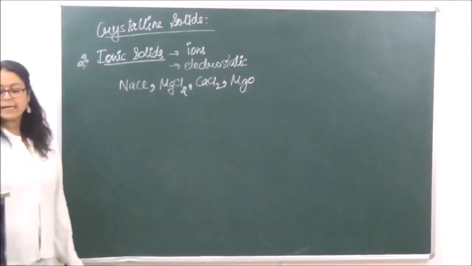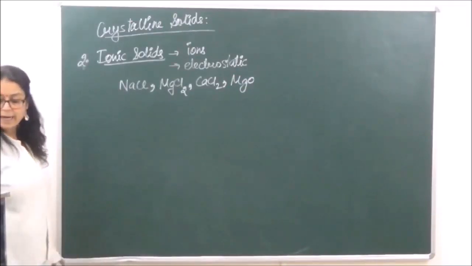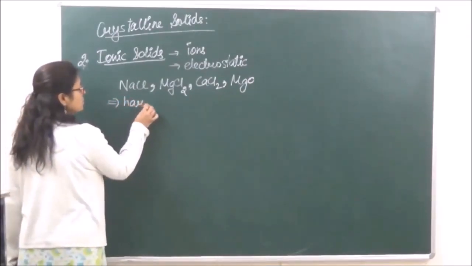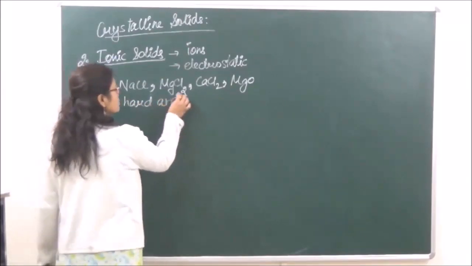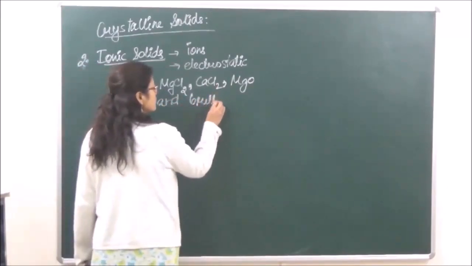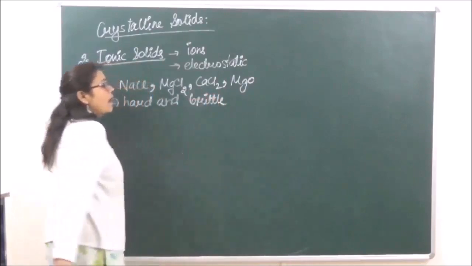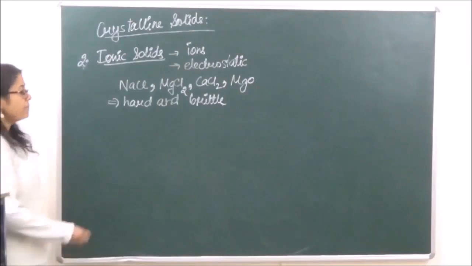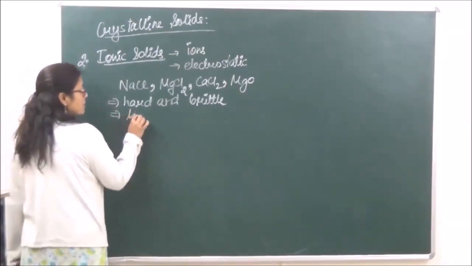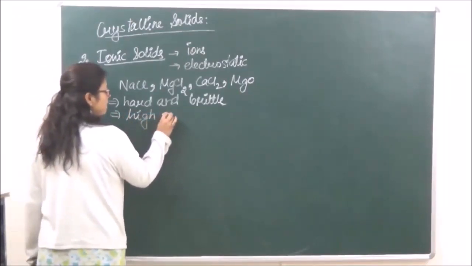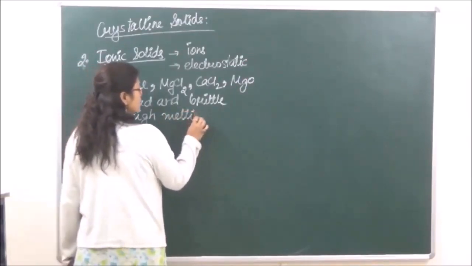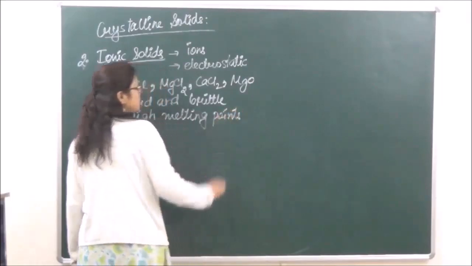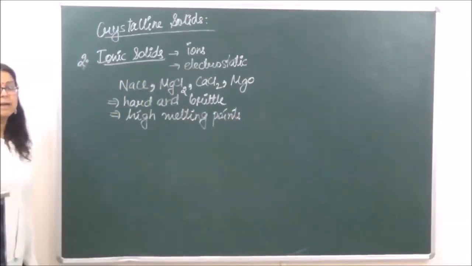When we look at the characteristics of ionic solids, they are hard and brittle. Then second, they have very high melting points.